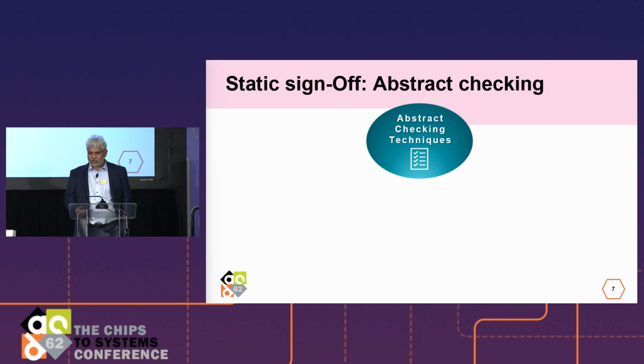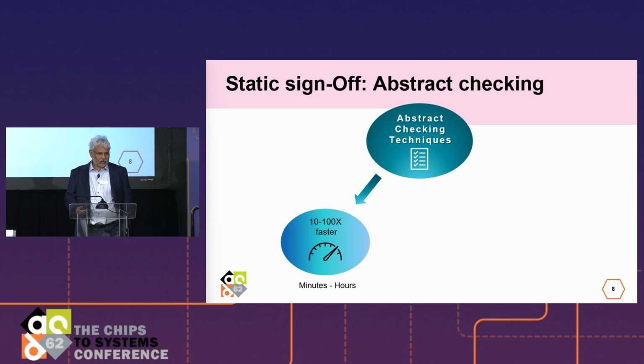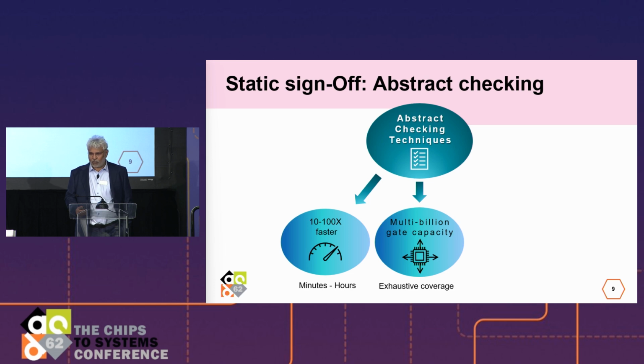The advantages are, first of all, in capacity and performance, where we can run a 100 million gate design in a matter of hours, something that formal approaches cannot even imagine approaching. Capacity, where billion gate designs can be analyzed without black boxing.